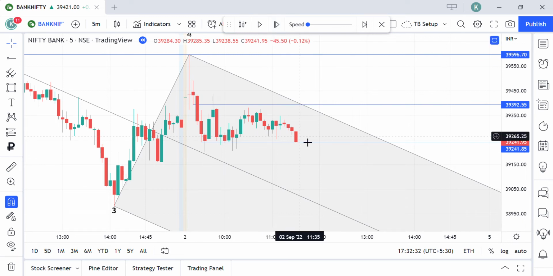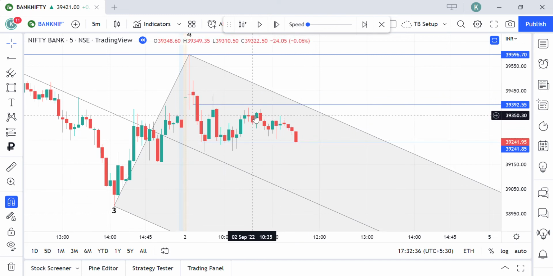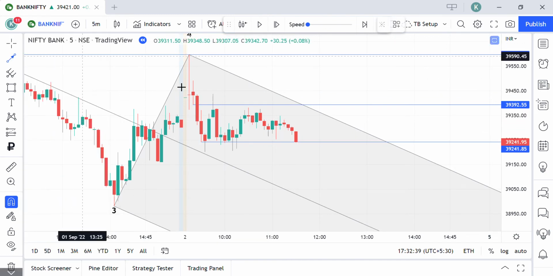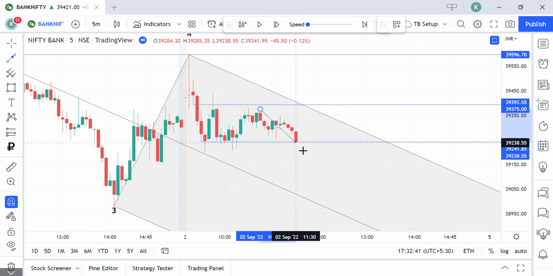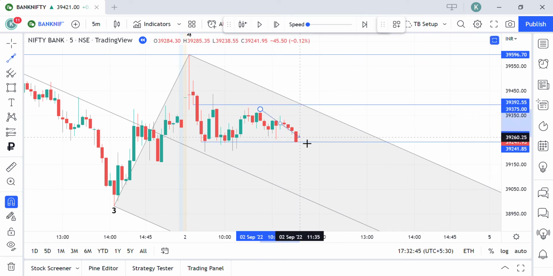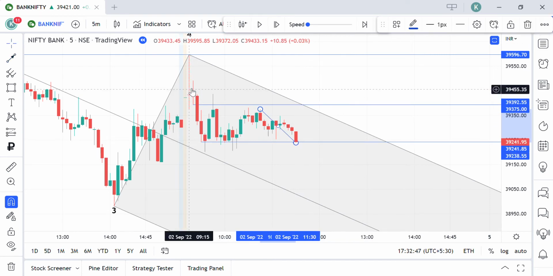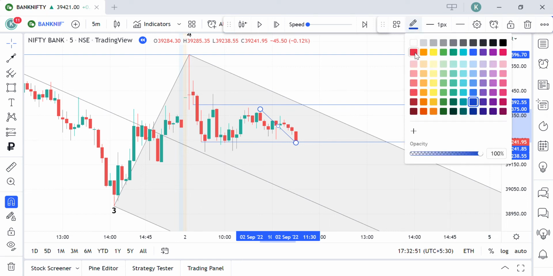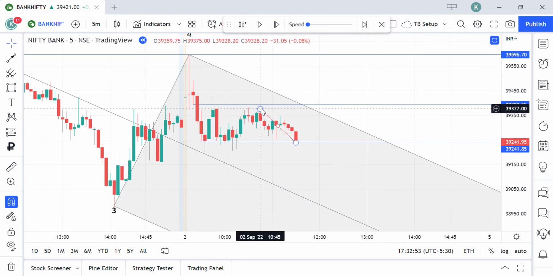Now this is the crucial and the main angle, the main vector that I think should be given high importance in my opinion, because this is a vector that proved that the buyers were not able to make a higher high, and sellers came into the picture and then pushed the market down.